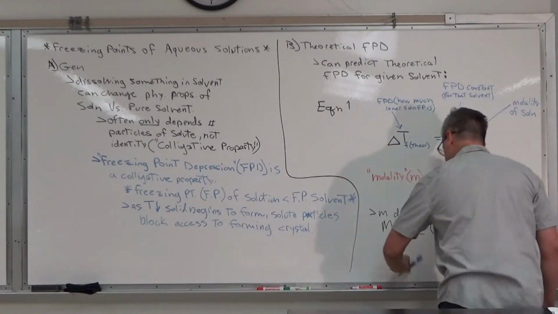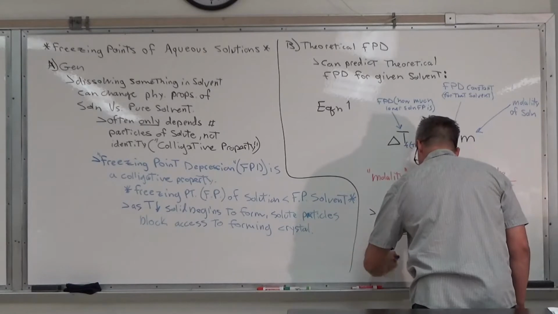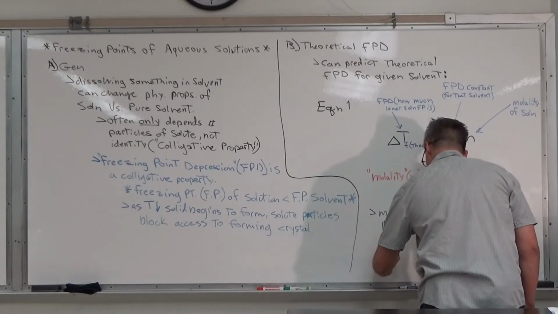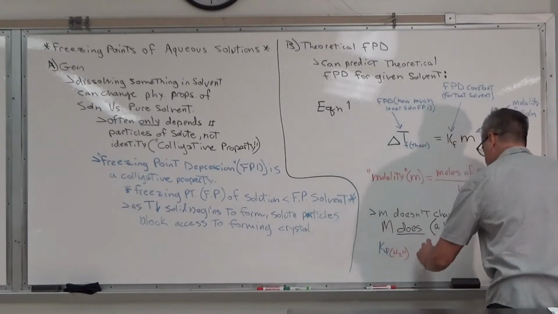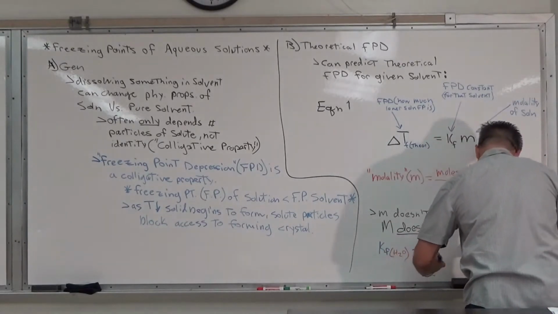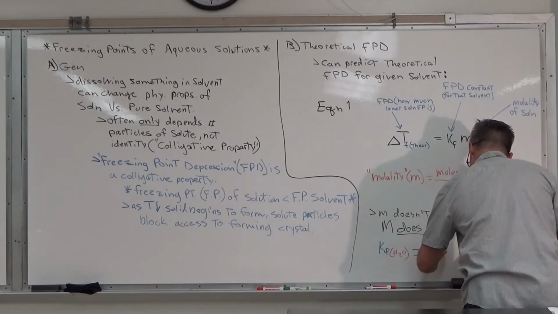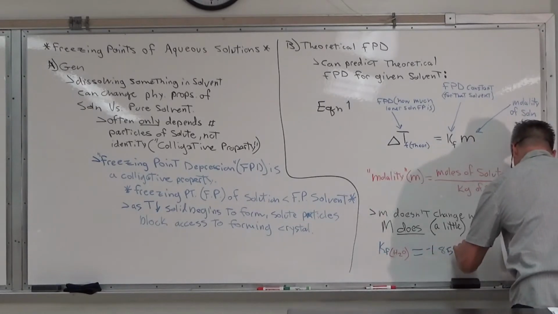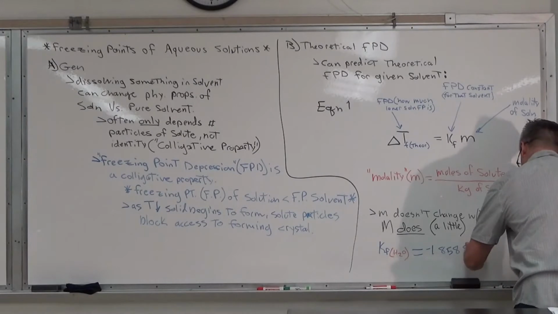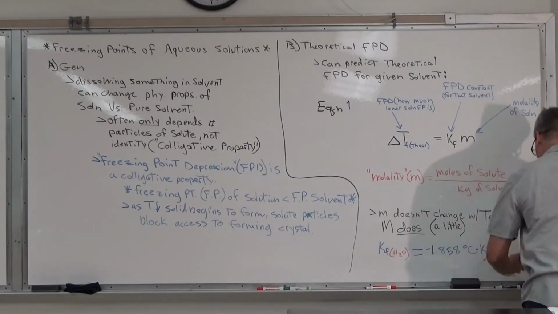Let's just do it this way and write all that junk out. The Kf for water, which you are actually going to need, that is minus 1.858 degrees Celsius kilogram per mole. Okay?